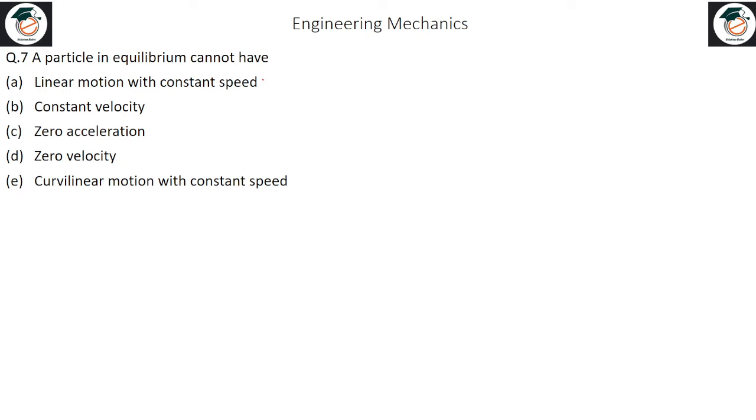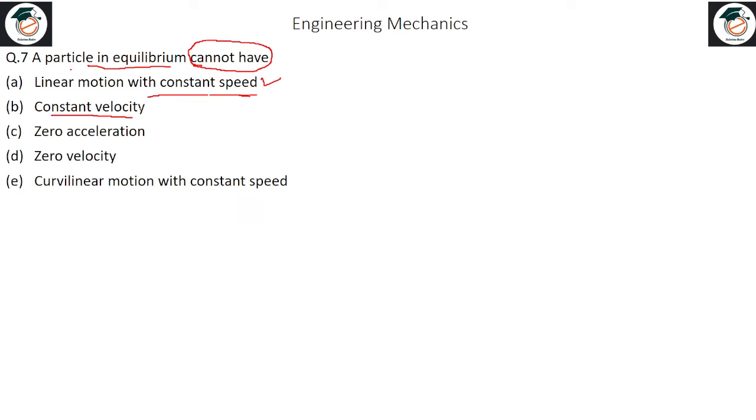This is a correct option, meaning this condition satisfies the equilibrium condition of a particle, but we need to find the condition that does not satisfy the equilibrium condition for a particle.